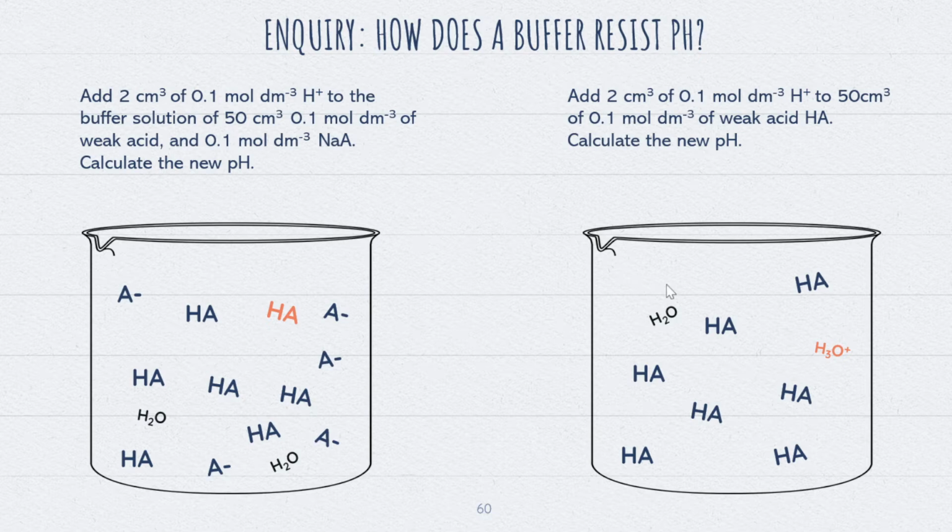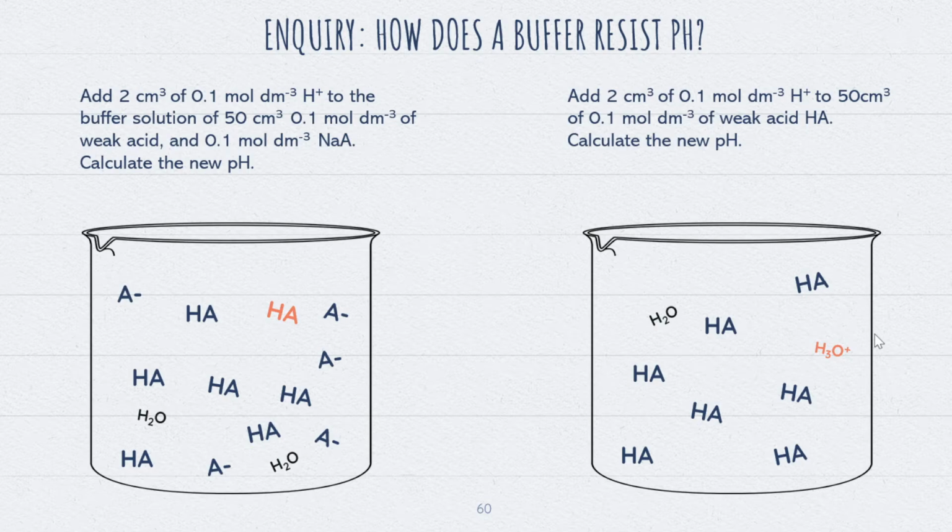On the other hand, in the control setup, there's a lack of a conjugate base to react with the H plus, and as such your H plus can form H3O plus in water, and you get a molecule of H3O plus in the beaker at the end of the day.